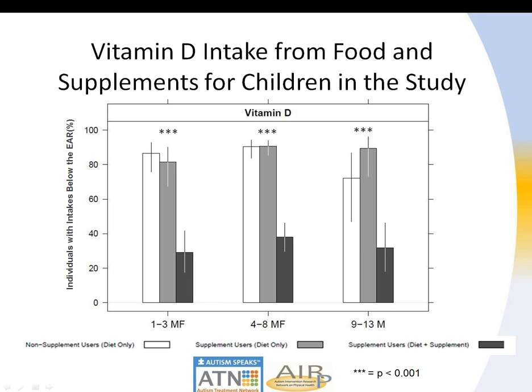So what you can see is up to 90% of children did not achieve recommended intake levels for vitamin D from dietary sources. And although supplementation significantly decreased the percentage of those not meeting requirements, still about 30 to 40% of kids did not meet recommended levels of intake even after they were supplemented.